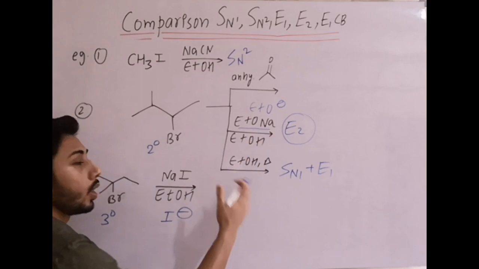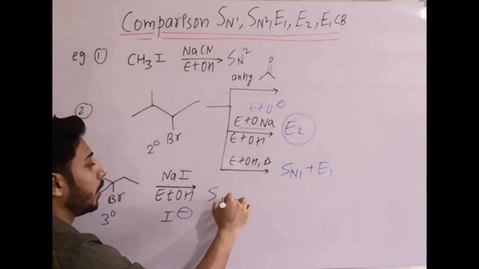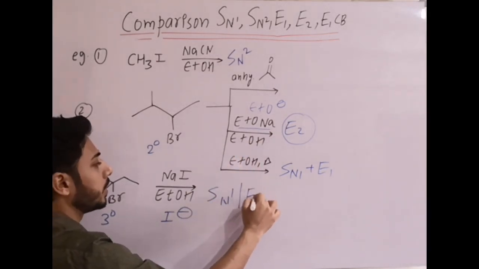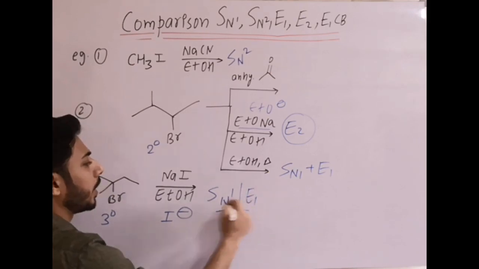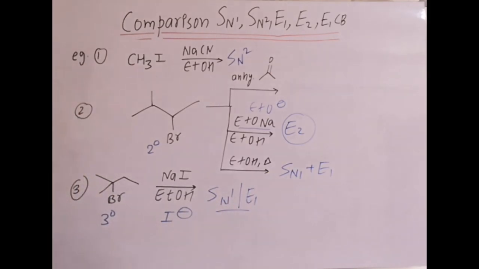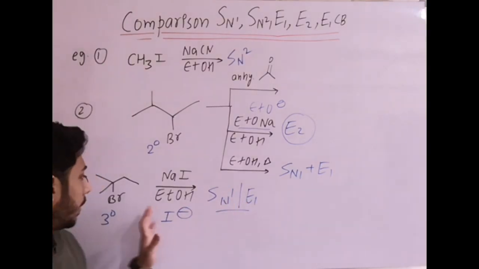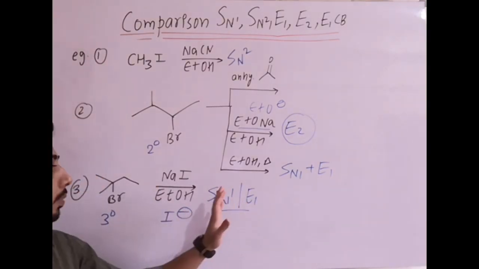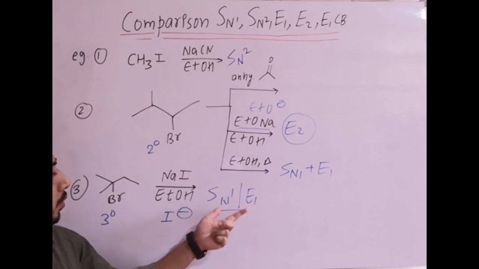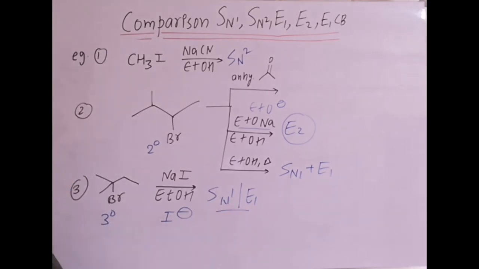So in the last column we did initially, it will go majorly for the SN1 product. Elimination is very unlikely. The reason is that I minus is a good nucleophile but a weak base. So these are the possible products.